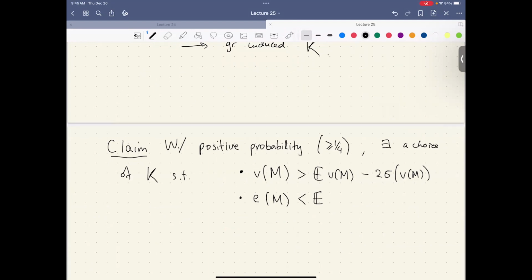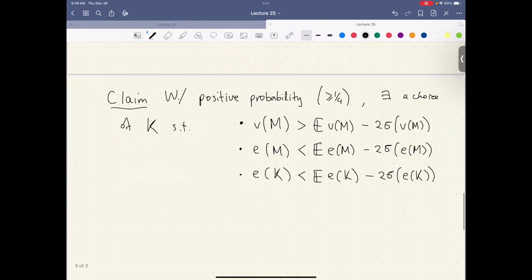This is at most the expectation of EM minus 2 times standard deviation. We also want to control the number of edges in this random graph K. This is, again, concentrated around its expectation by 2 standard deviations.